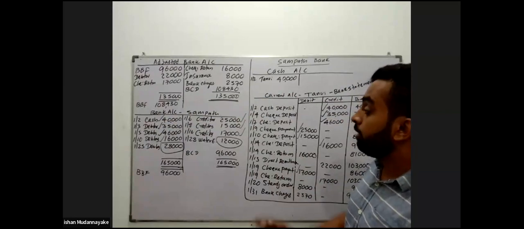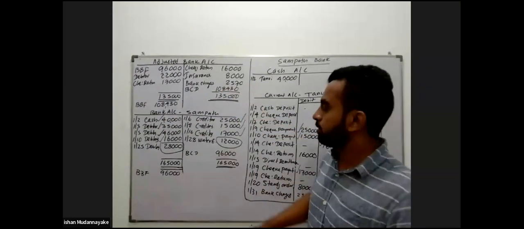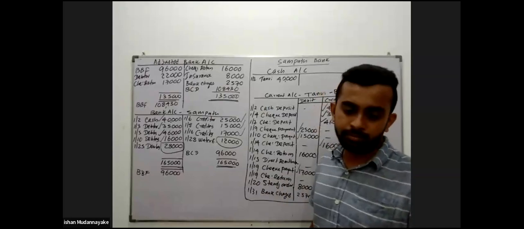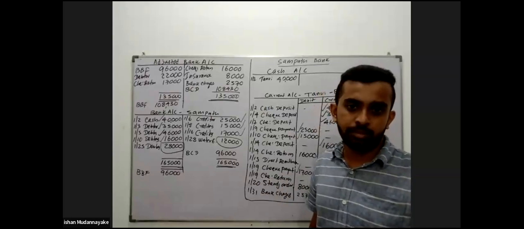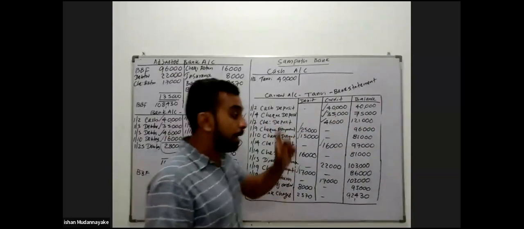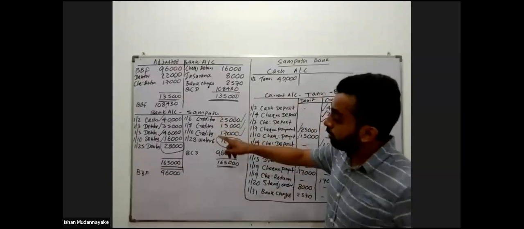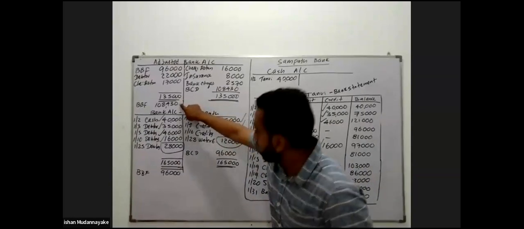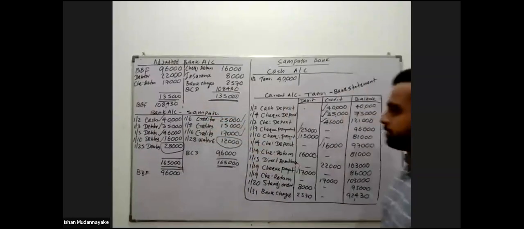Then adjusted bank balance, how much? 108,430. Here you have corrected the bank account. After correcting the bank account, still there's a difference.